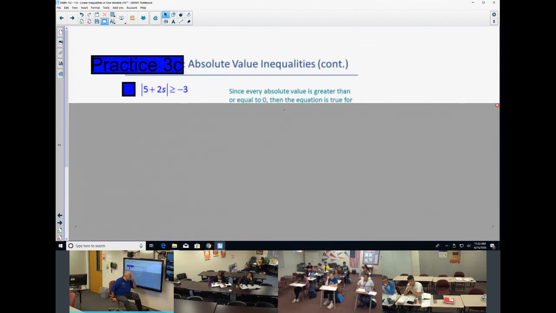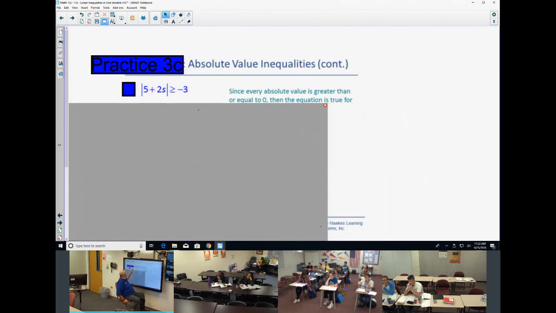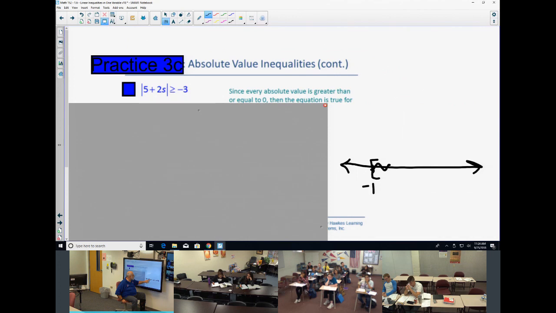Okay. So let's graph that. So you said greater than or equal to -1, right? So that would go that way, right? And then what was the other part?